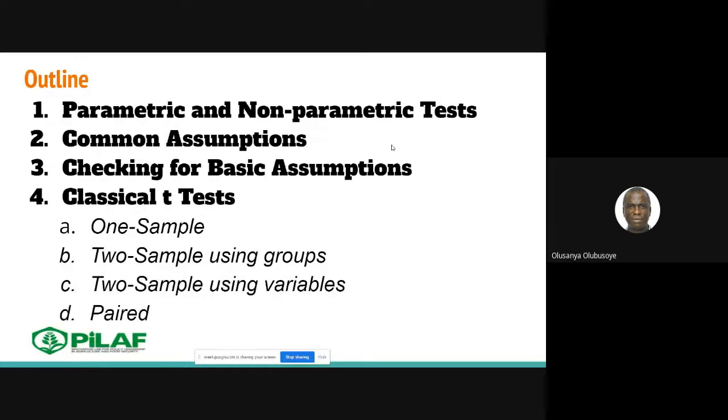After looking at those assumptions, we will check maybe one assumption which is fundamental, and then we look at the t-test, which is very popular and common.